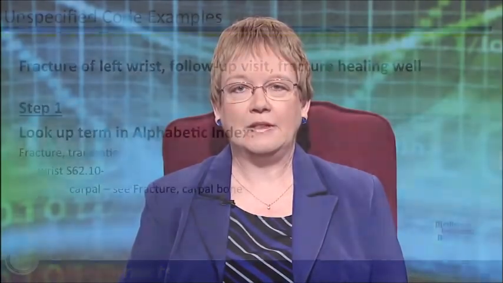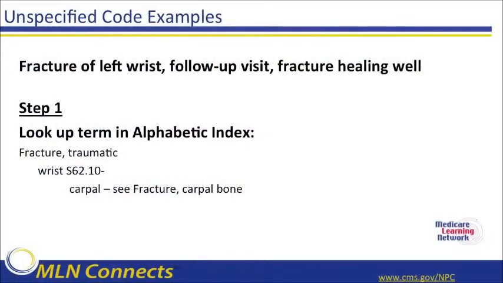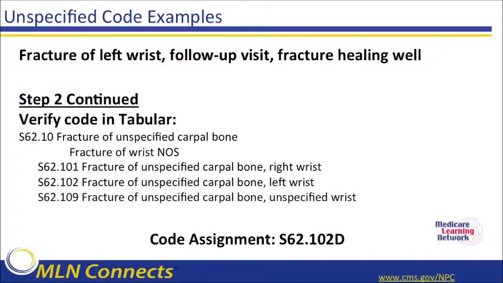As shown on slide 37, look up the main term fracture, wrist, in the alphabetic index. You are directed to S62.10, fracture of unspecified carpal bone, which, as indicated on slide 39, has an inclusion term for fracture of wrist NOS, meaning not otherwise specified.